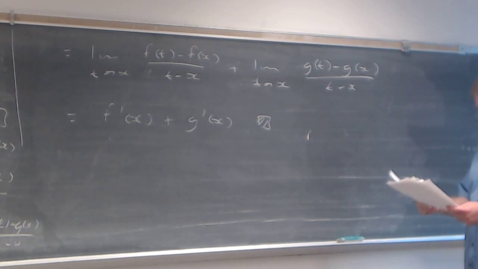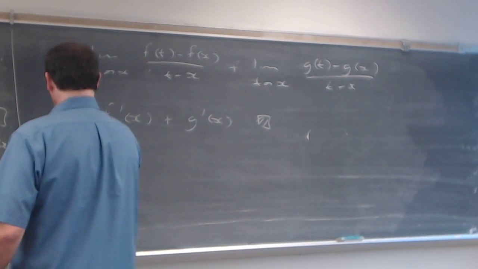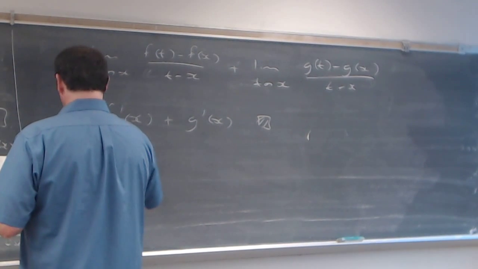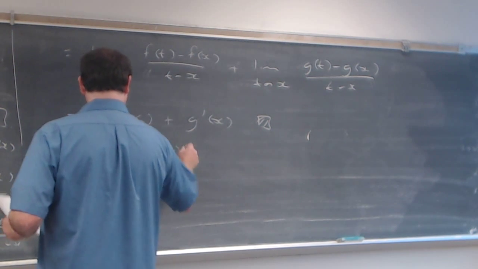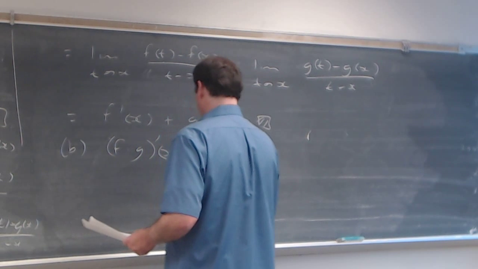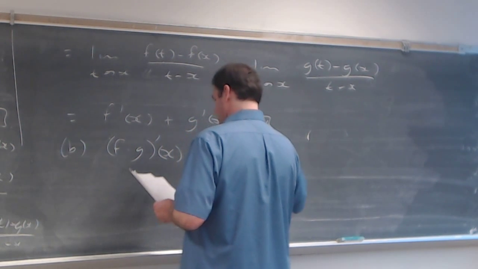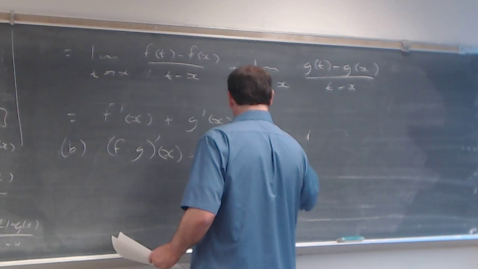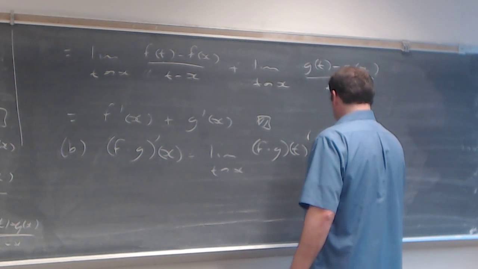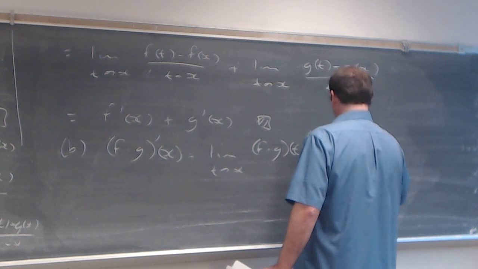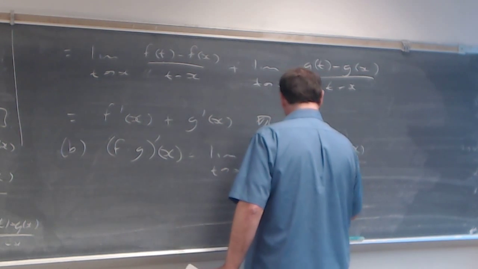Part B is a little bit more difficult, but not by much. So the derivative of f times g acting on x is equal to the limit as t goes to x of f times g acting on t minus f times g acting on x all over t minus x.